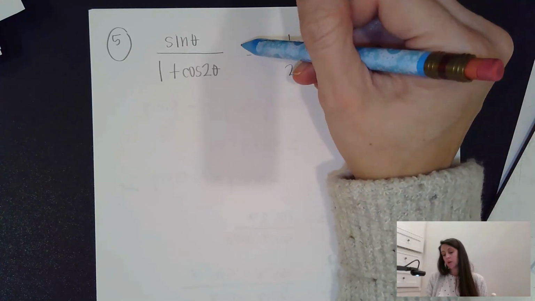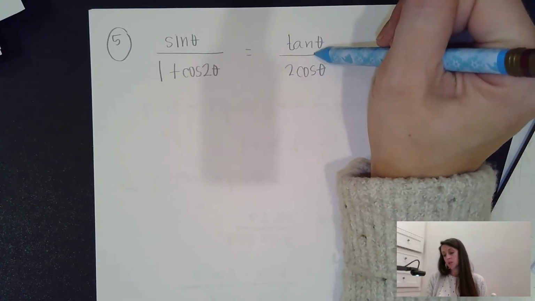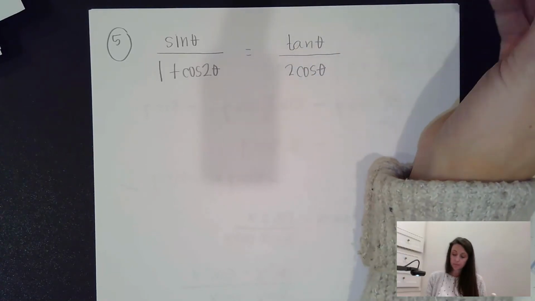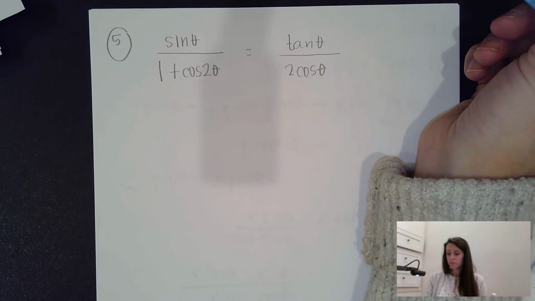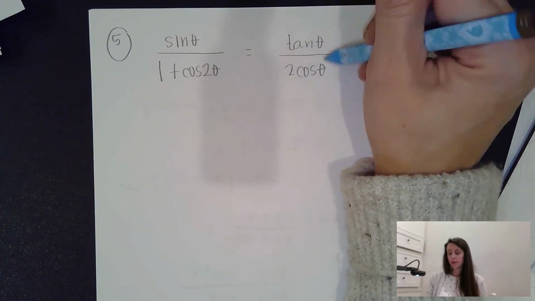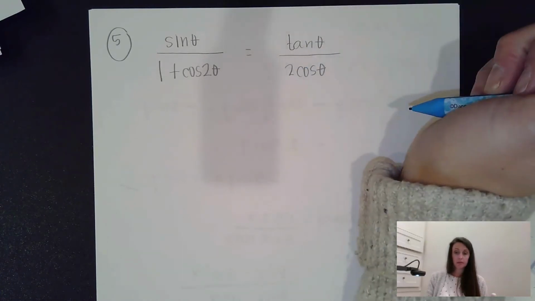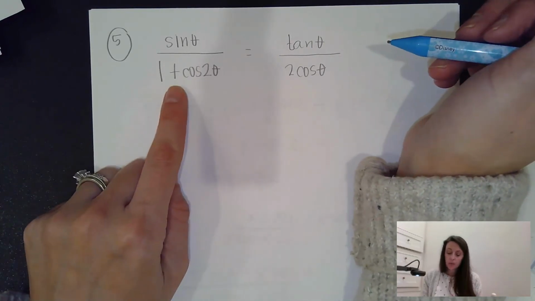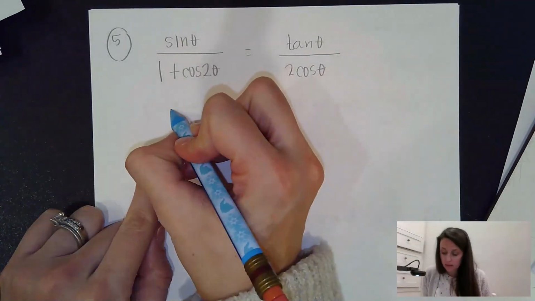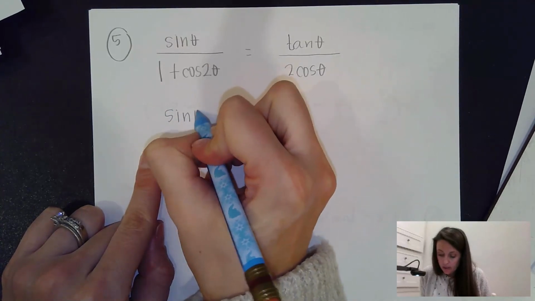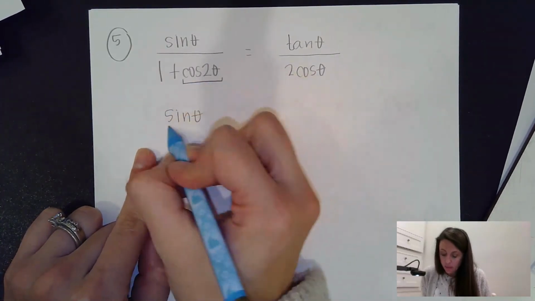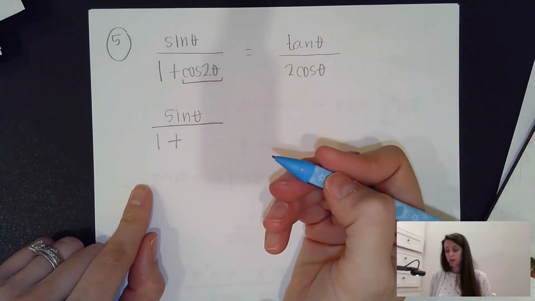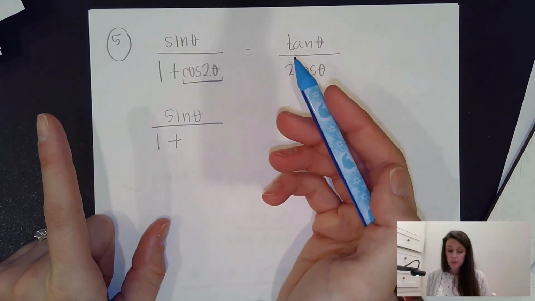I want to show that that's equal to tangent over 2 cosine theta. So if I wanted to simplify this a little bit, we could change this cosine of our double angle right here. That's the only thing that we really can change.